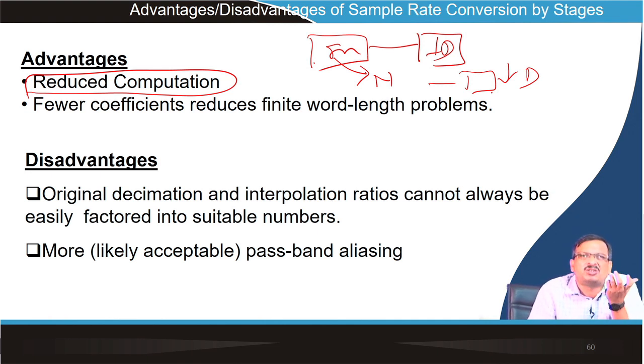So, it reduces computation, because in the second stage I am computing using a lower sampling rate. Since the number of filter coefficients is reduced, the finite word length problem is also reduced.